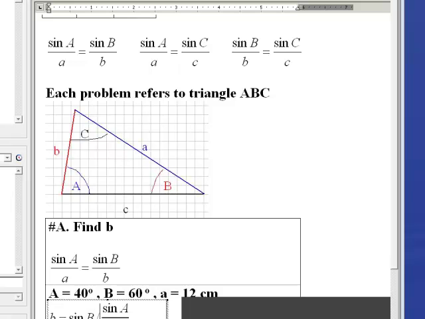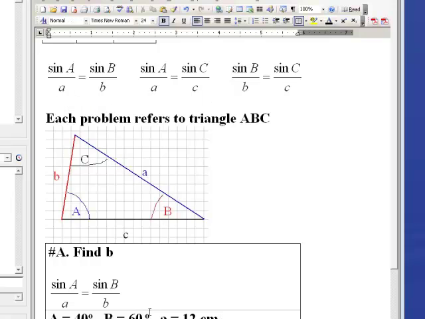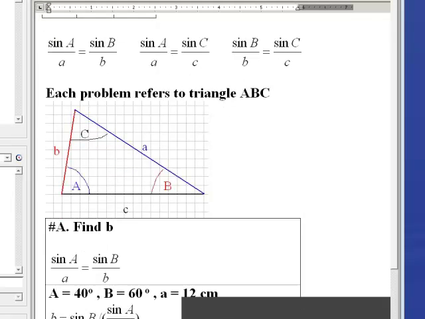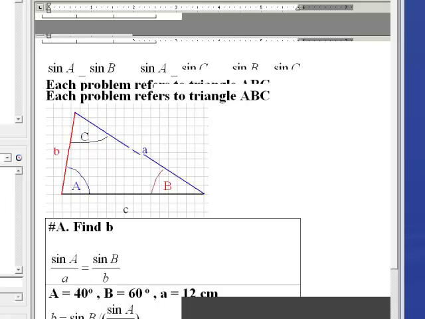I'm not even going to bother with inverting this fraction here. As I record this session, I don't have my graphing calculator with me, so I'm just going to do it on the calculator that the computer provides. I'm just going to plug in here the 60 degrees and the 40 degrees, and here are the 12. Of course, by now you should know how to do equations like this.